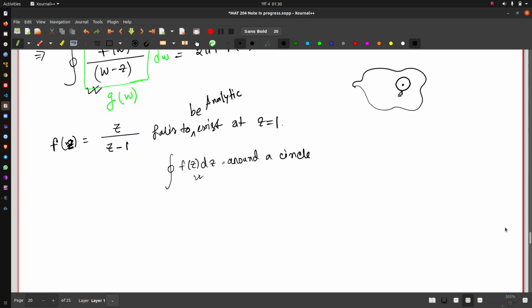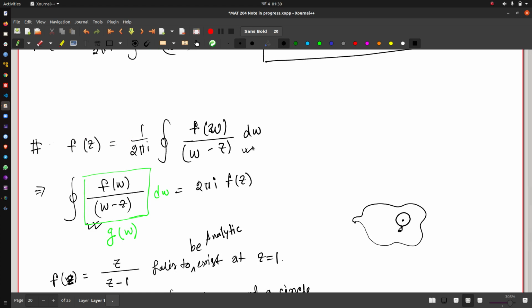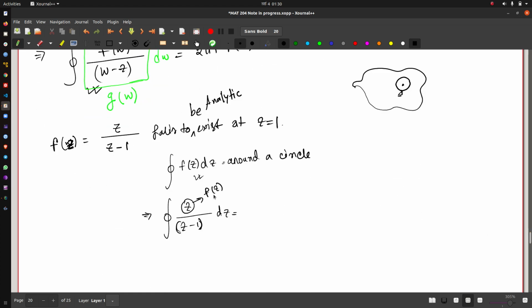So this is where Cauchy's theorem will be useful, because for this z divided by z minus 1 dz, if you look at Cauchy's formula over here, you can compare the numerator with the function itself, and you can use the denominator to find the point. So this will be nothing but 2 pi i, and what do you put?